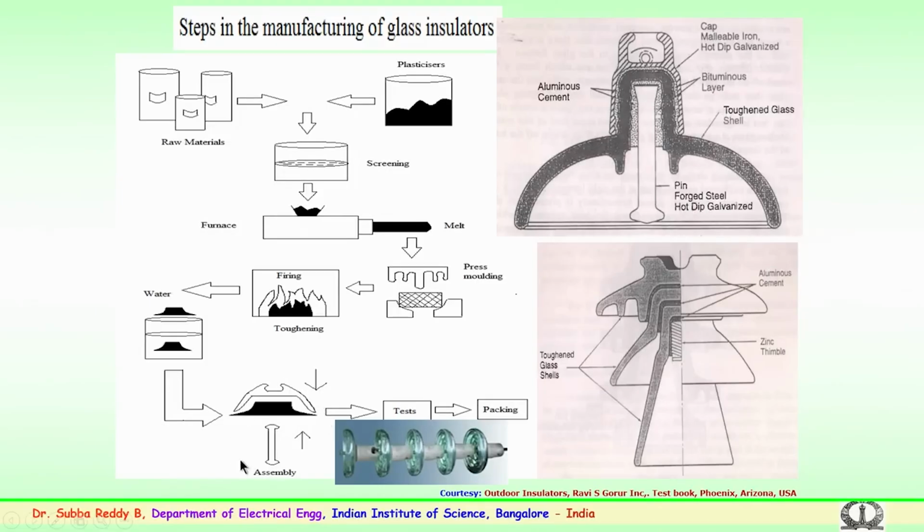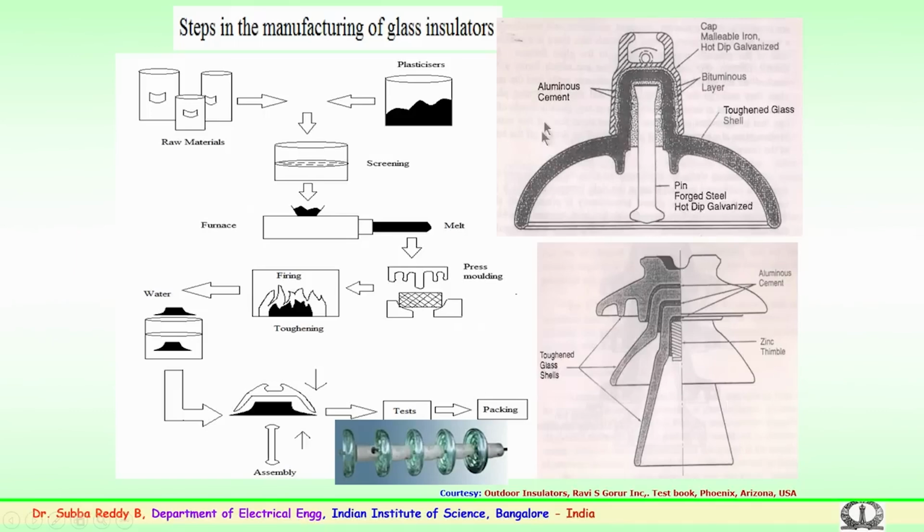Further, after finishing the product, the glass insulators undergo various mechanical and electrical tests at the factory, known as routine tests, and the inspection and quality measures are met. These insulators are packed properly in crates and dispatched to the required locations. This is how the steps in the manufacturing of glass insulators take place, a very important process.